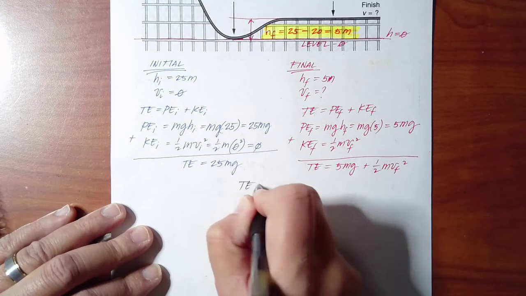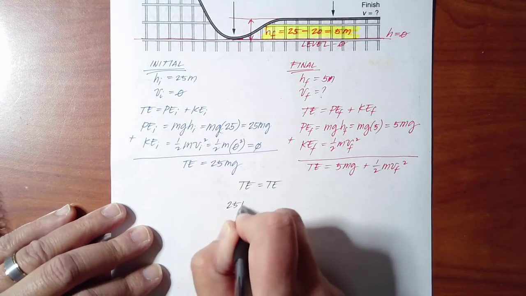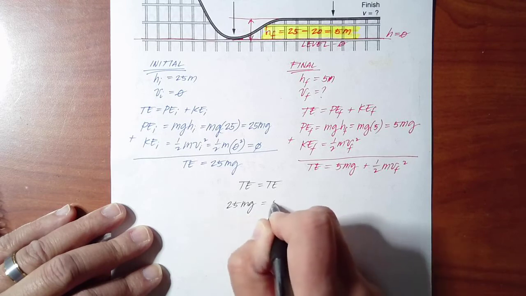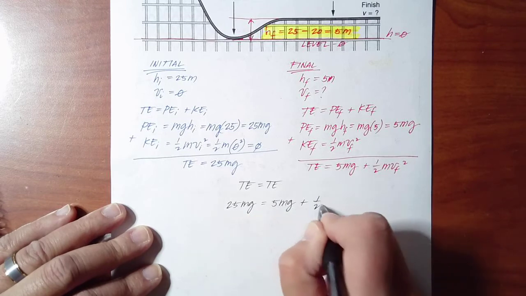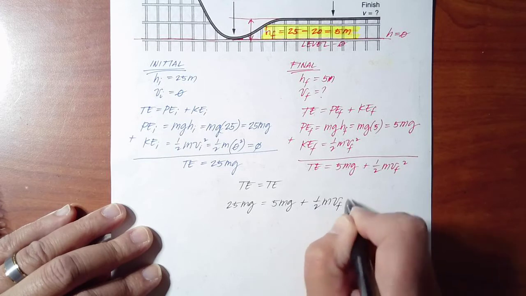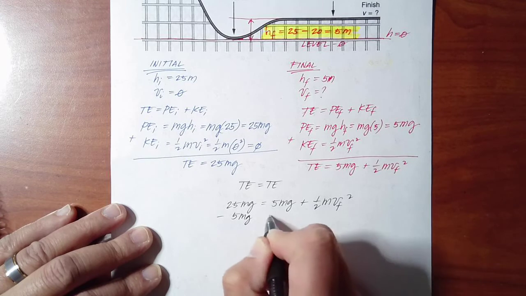Let's equate those two values together as they are equal to each other. TE equals TE. So that will give us 25 mg equals 5 mg plus 1/2 m vf squared. Let's subtract 5 mg on both sides of the equation.